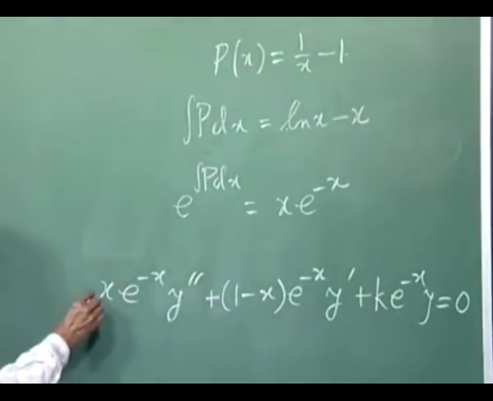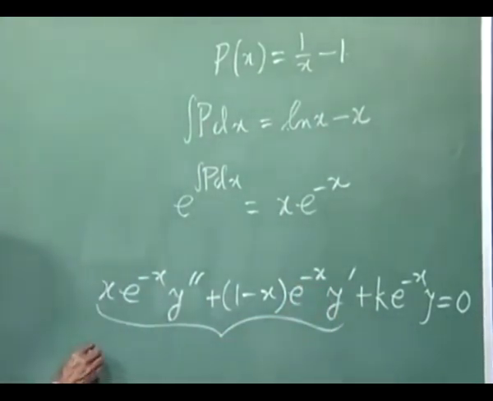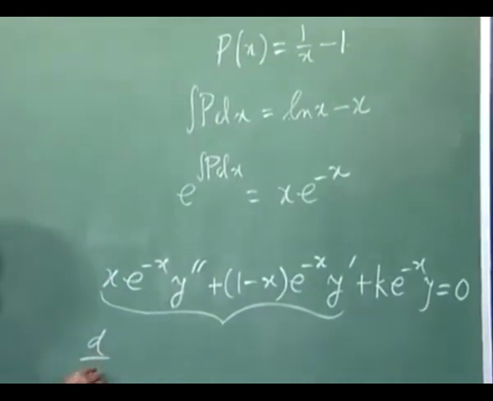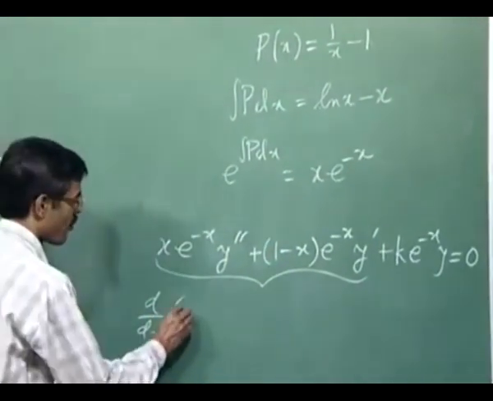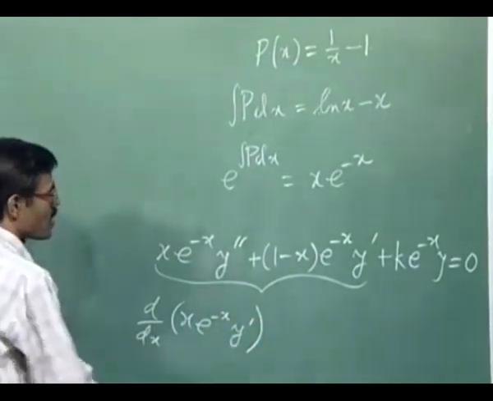And note that the terms from here to here turn out to be the exact derivative of x e to the power minus x y prime.